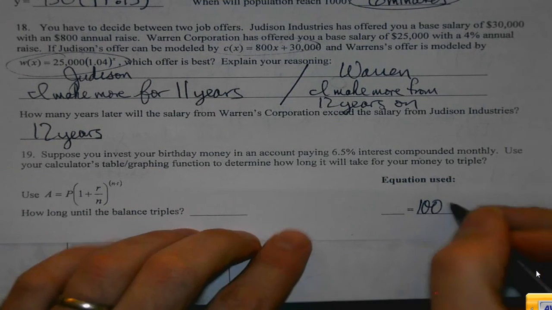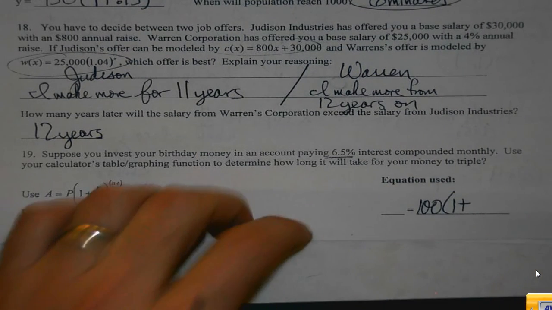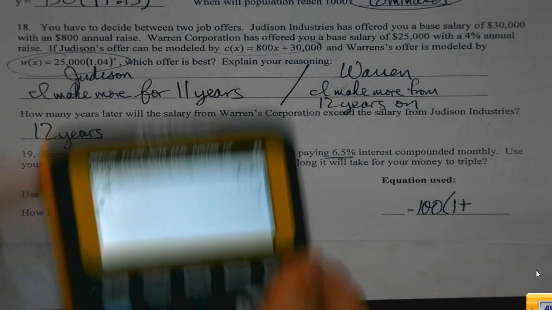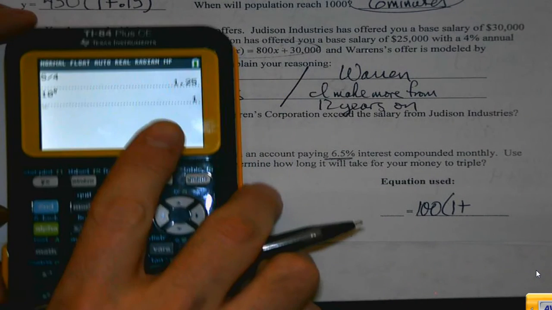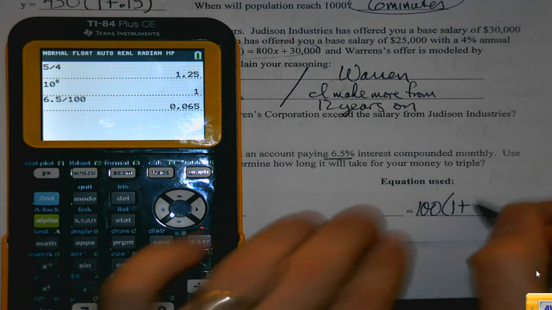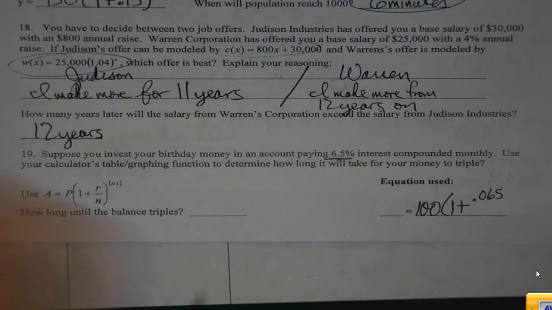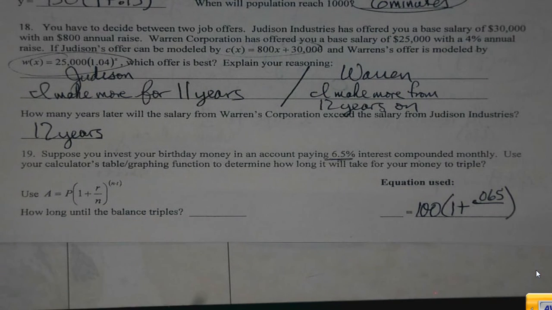So 1,000. 1 plus 6.5% is a rate. Again, if that's a struggle for you, just do 6.5 and divide by 100. That'll tell you what the decimal rate is. Over n.